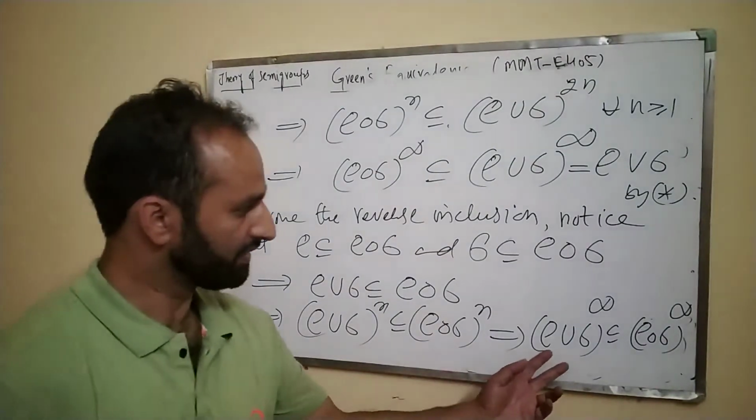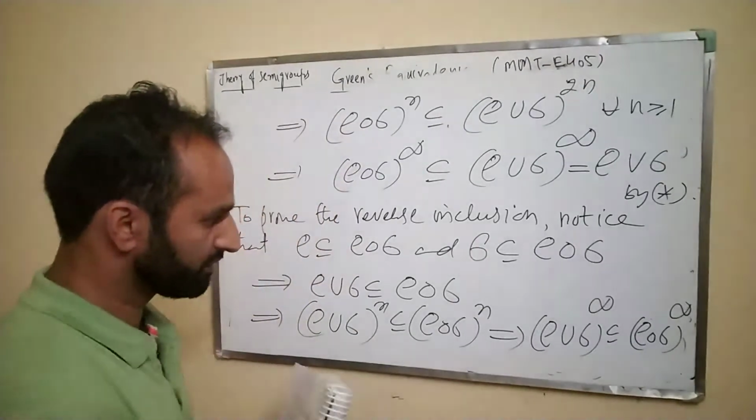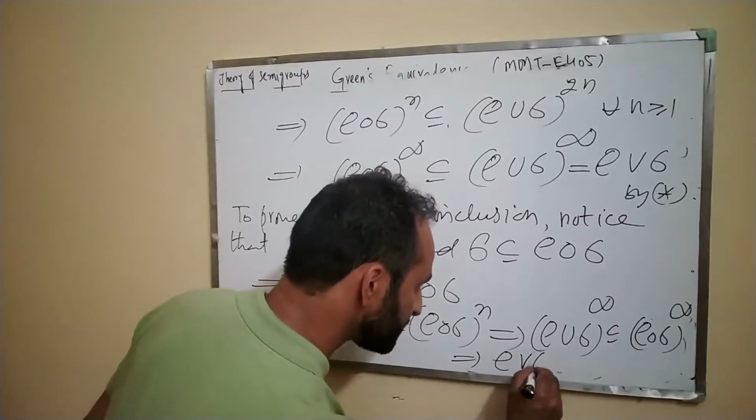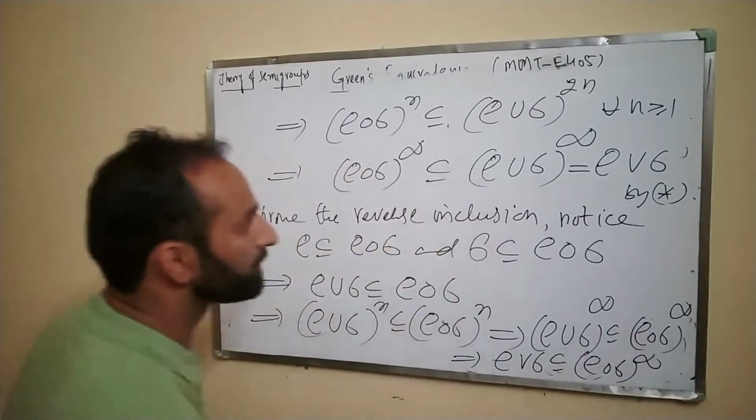But we have seen that in star, (rho union sigma) power infinity is equal to rho join sigma, which is a subset of (rho composite sigma) power infinity.